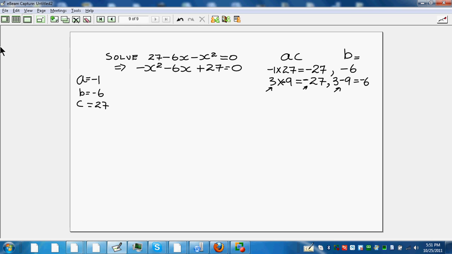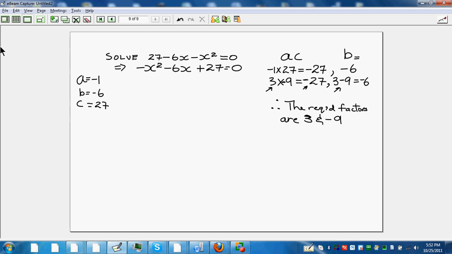So by that deduction, we would have realized that the required factors are 3 and minus 9, because those are the unique factors that will do what we want to do. That is, when multiplied, they give us minus 27, and when added together, they give us minus 6.